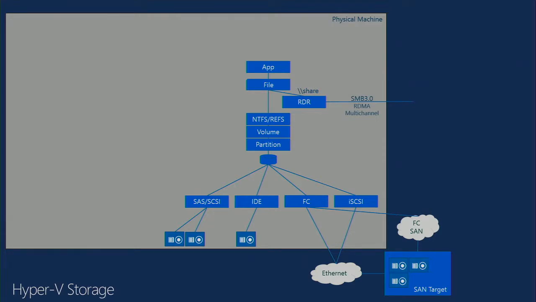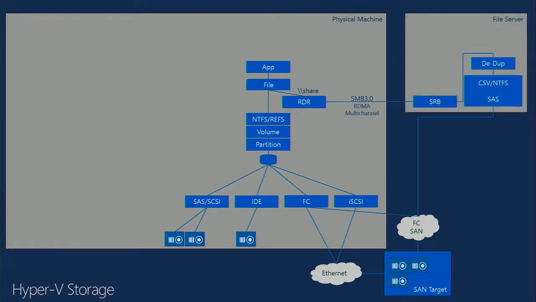You could also have the files living on a file server. The file server implies that the file is kept remotely, but instead of block storage, it uses file storage semantics. And the file is actually residing on another remote box. In our case, we call it the file server.